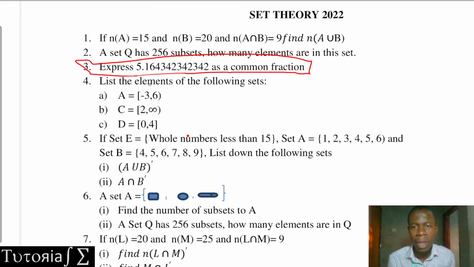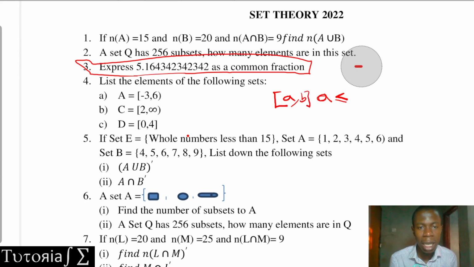Question number 4, list the elements of the following. What you should know is that if we have these signs and a number there, this means that we are starting from A. So that is A less than or equal to X, then we have an enclosure like that, then B this side.